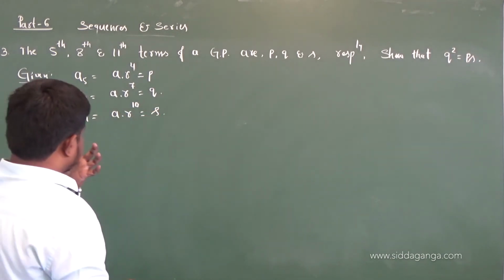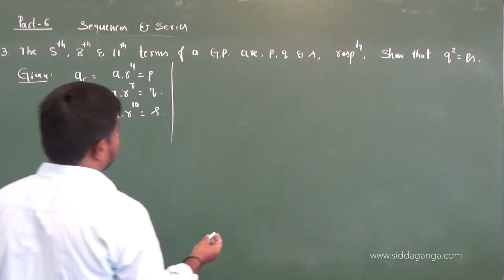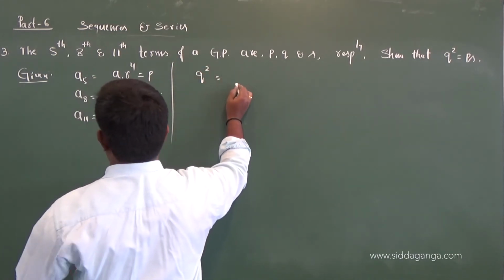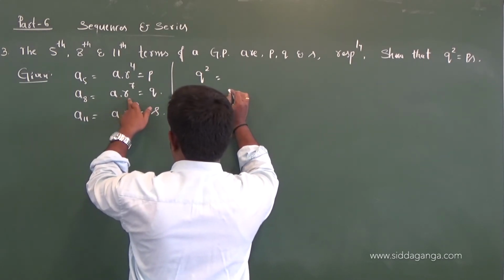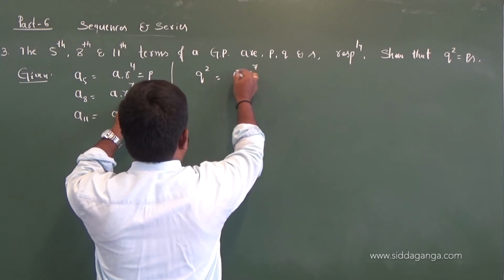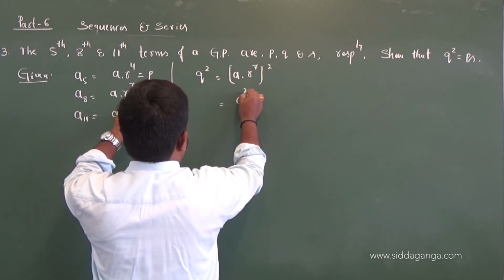Okay, now look at the relation. Q square should be equal to PS, right? So Q square is equal to what actually? Q is A into R power of 7, whole square. So what do you get? A square into R power of 14.